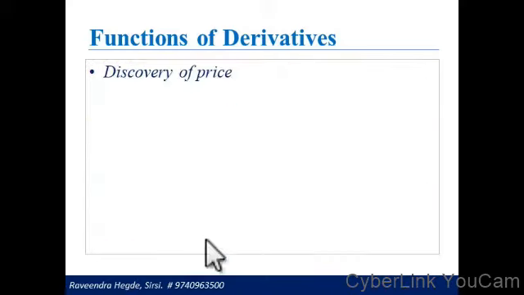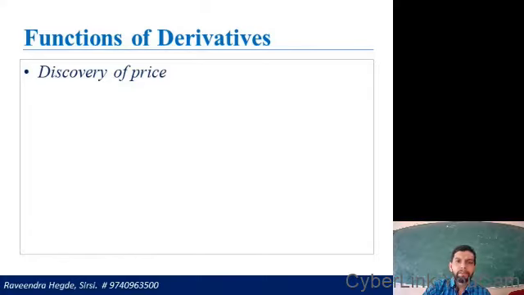The next point is discovery of price. Prices in an organized derivatives market reflect the perception of market participants about the future and lead the prices of underlying assets to the perceived future level.